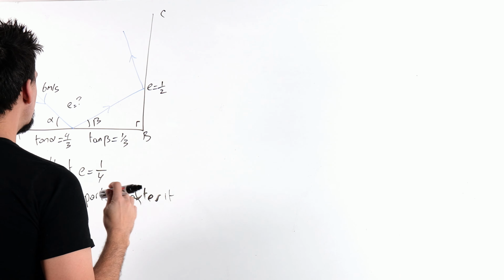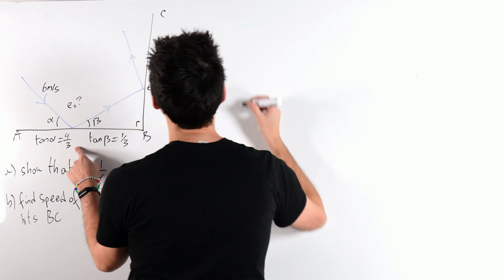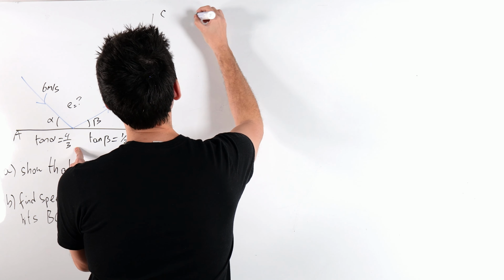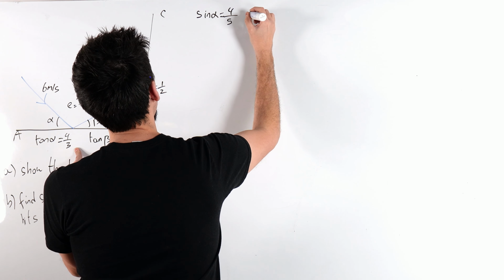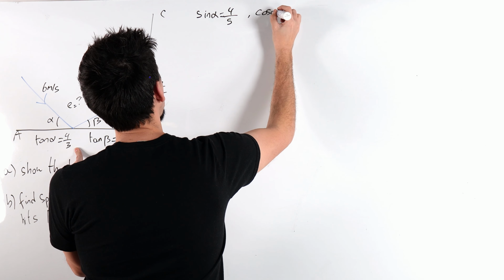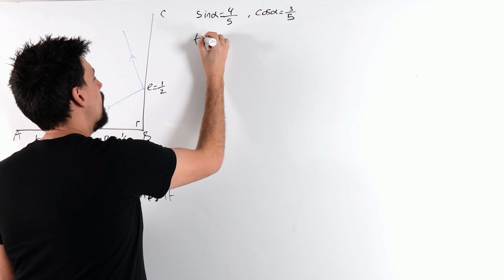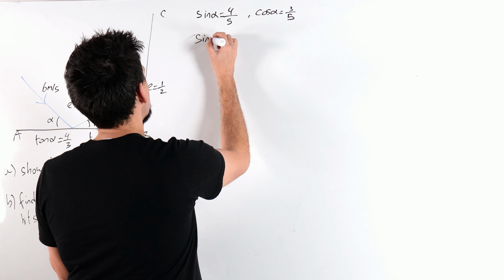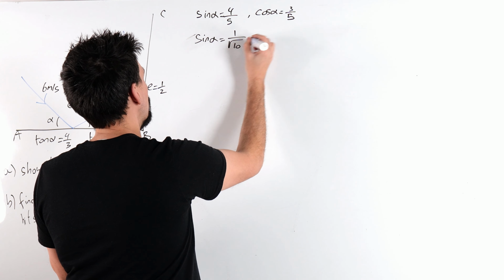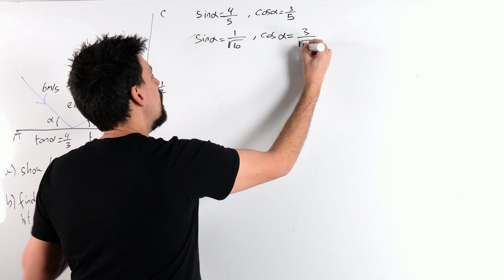Right, first of all, let's look at our velocity as we come in. We might want to figure a few things out, which is if tan alpha is 4/3, sine alpha is 4/5, cos alpha is 3/5, and if tan beta is 1/3, that will tell me that sine beta is 1/√10, cos beta is 3/√10, right?